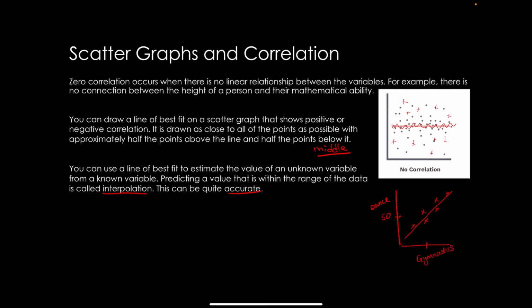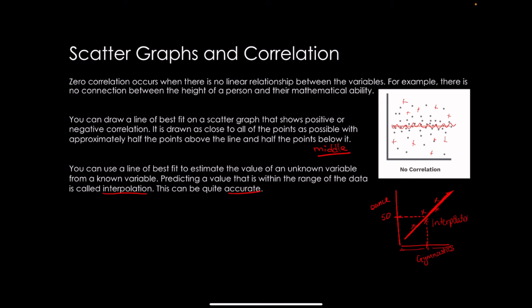I can say that in dance, if she scored 50, I can go across to my line and go down to my gymnastics grid, and I'll be able to take a measurement from this axis here to give me a score for gymnastics because there's a positive correlation. Because I'm using the line of best fit, I am extracting information from data that's already there, which is why it's called interpolation.